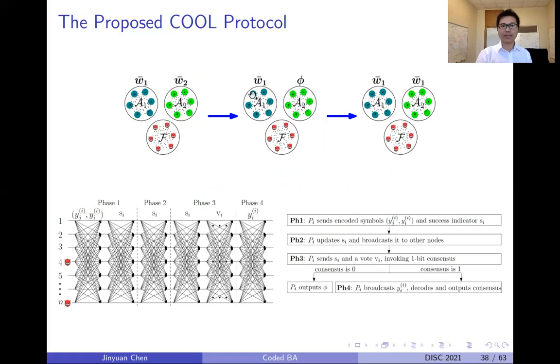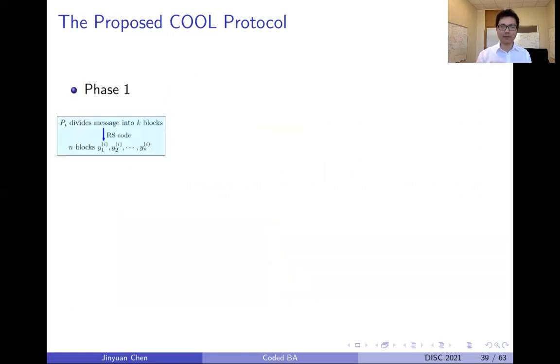We also can see that the size of this group is larger than the size of the faulty group, such that in phase 4, we can calibrate the message of the remaining honest processors to have consistent consensus. This is the high-level insight of the protocol design. Let's look at the protocol phase by phase, from the view of processor i.